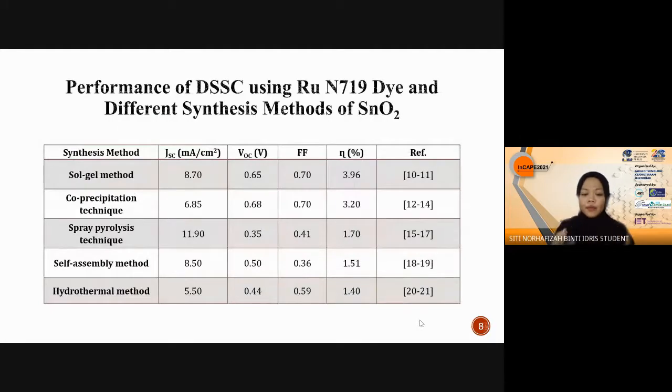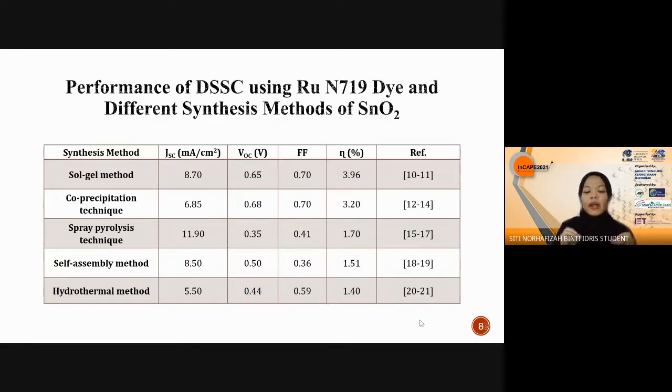Here are the results concerning the influence of tin oxide preparation on the efficiency of the DSSC using the same dye, ruthenium N719, which achieved in the range of 1.40% for hydrothermal method and the highest 3.96% by sol-gel method.